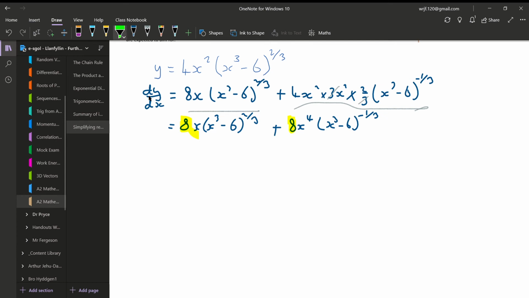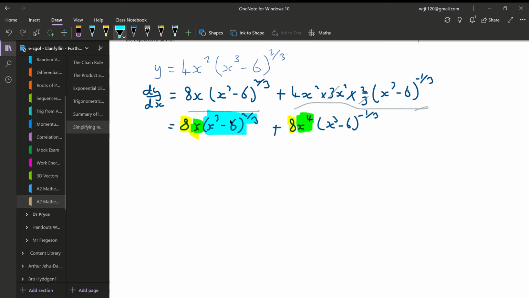We've also got here an x, and here we've got an x to the power of 4. So really what I'm identifying here is where the two terms have got things in common, that I can start to identify common factors in the two terms so that I can factorize them out of them. And then of course both terms have got the bracket, and the important thing about the bracket here is that it's got exactly the same stuff inside.